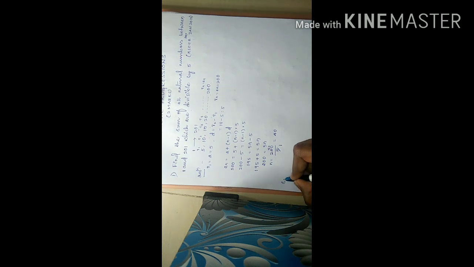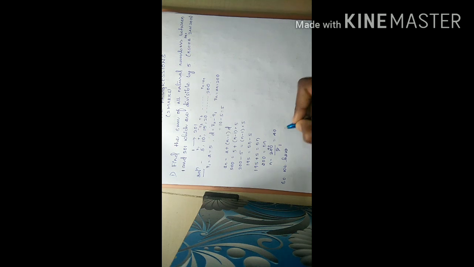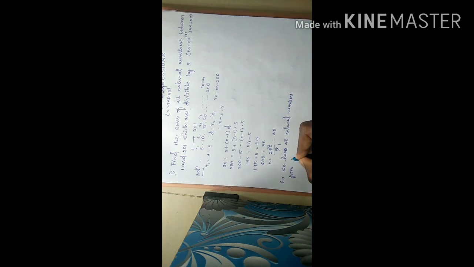So we have 40 natural numbers from 1 to 201 which are divisible by 5.